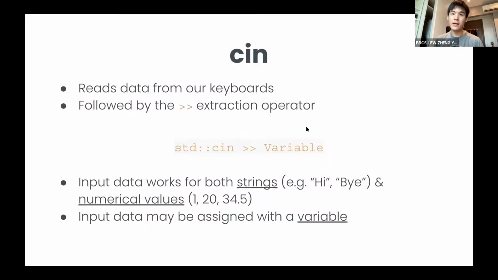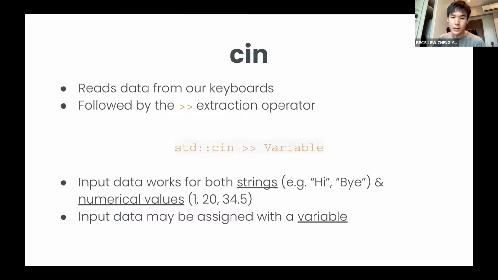So cin reads the data from our keyboard, and we need to use it with this thing called the extraction operator, which is kind of like a double right arrow. I'm not sure which direction my camera is facing, but you get the idea. The input data works for strings, and it also works for numerical values like integers or decimals.